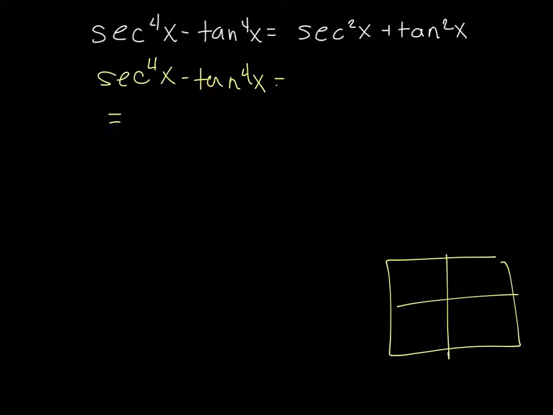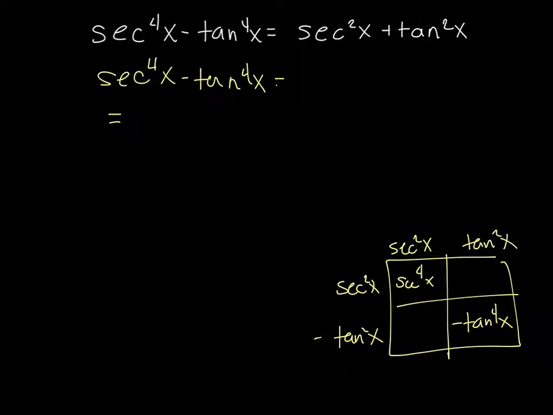Only now it's inside and I'm trying to figure out what's on the outside. So secant to the fourth minus tangent to the fourth. And so this is one of those squared things. So secant squared times secant squared is how I'm going to get the secant to the fourth. Tangent squared times tangent squared is how I'm going to get the fourth there. Only one of them needs to be negative.